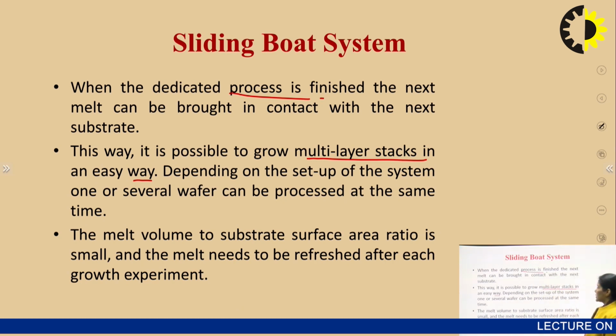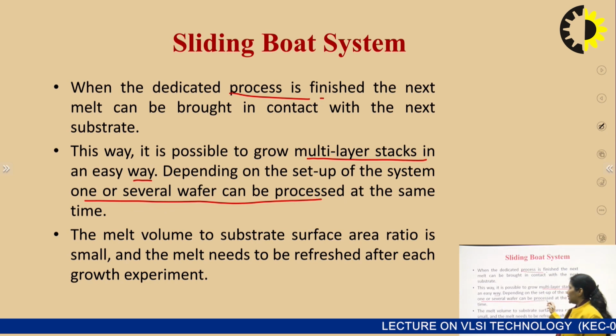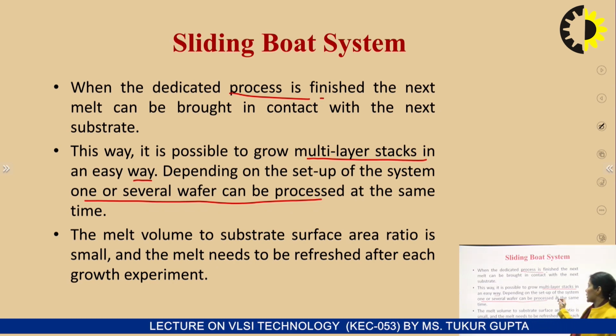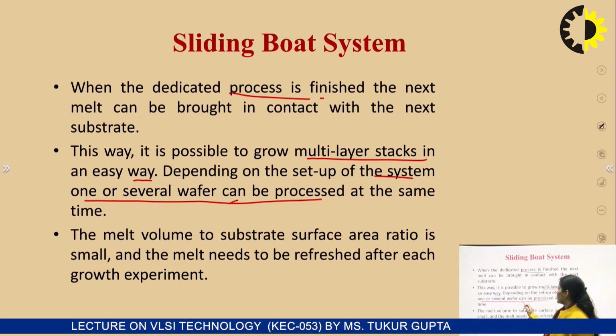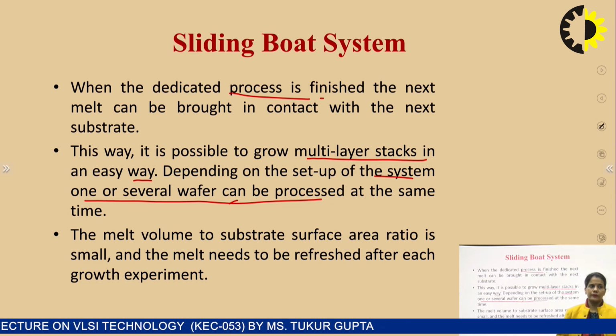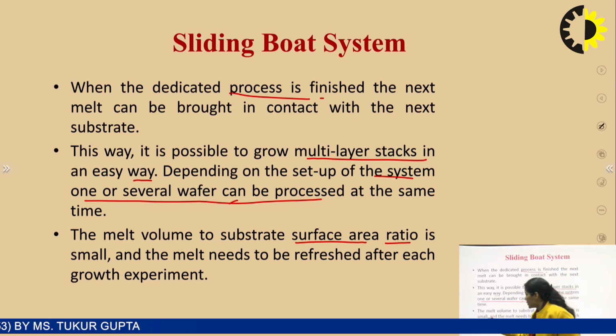Depending upon the setup of the system, one or several wafers, as I told you, there can be multiple grooves in this sliding board system. So depending upon the setup of the system, one or several wafers can be processed at the same time. The melt volume to substrate surface area ratio is small.